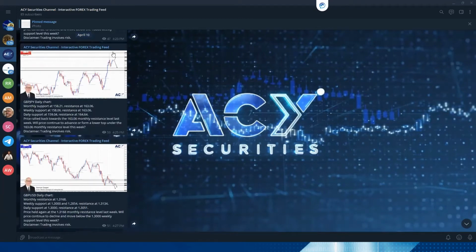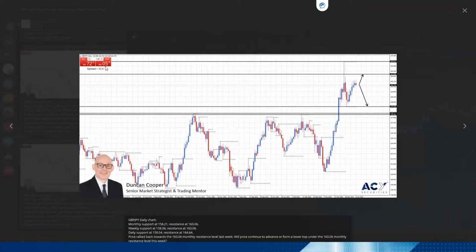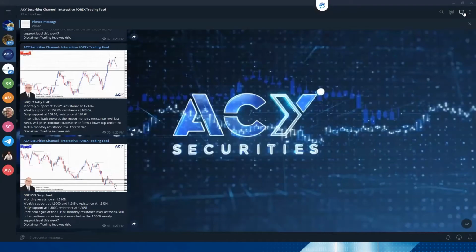You can see there are also scenarios where price has reached a key level, but the question then is whether it is going to fail or go higher. I think you'll find right now that price is up around that major resistance level on the pound yen. It really does come down to what type of entry criteria you're going to have, and that's what I'm going to jump into next.